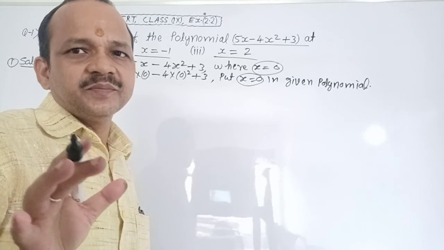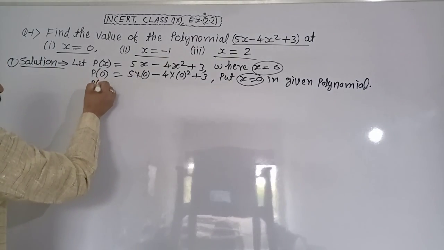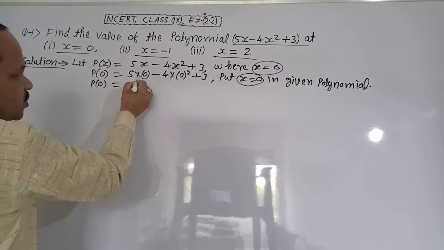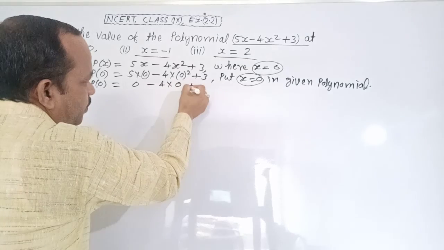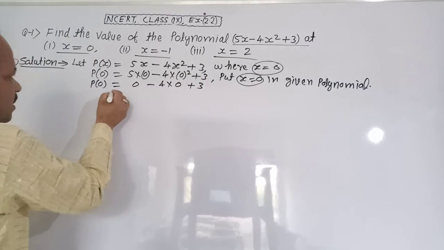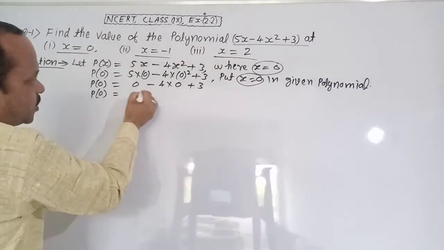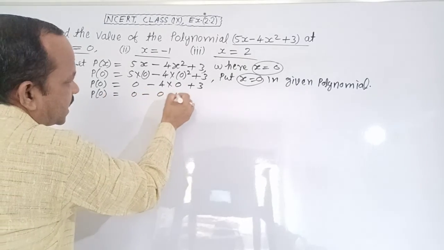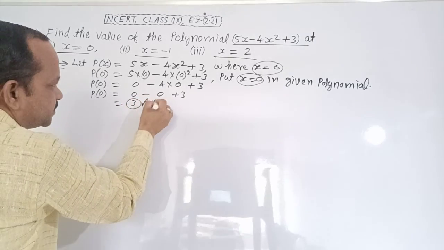It is clear? P(0) equals 0 minus 4 multiplied by 0 plus 3. P(0) equals 0 minus 0 plus 3 equals 3. Answer.